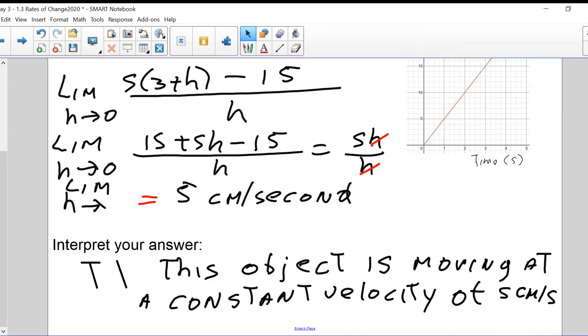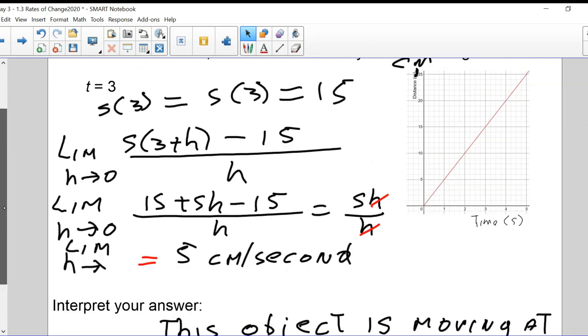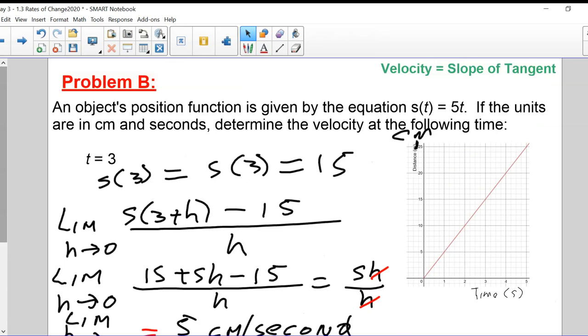Let me quickly get rid of these two things here that are not supposed to be there. It's basically a straight line, and a straight line has a constant slope as opposed to a curve, as opposed to a quadratic or a cubic or any of the other functions that we've looked at.